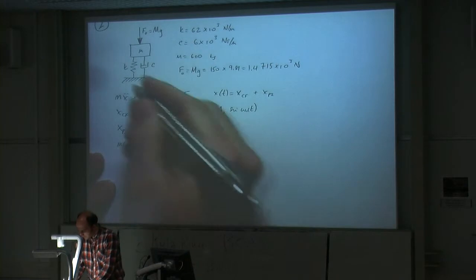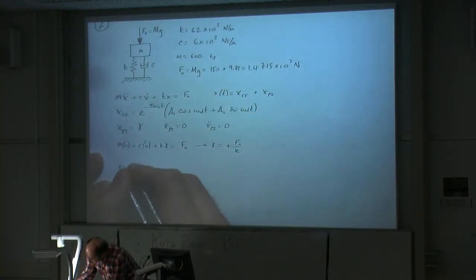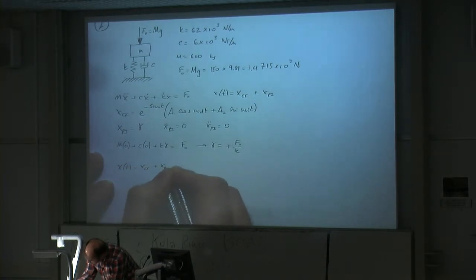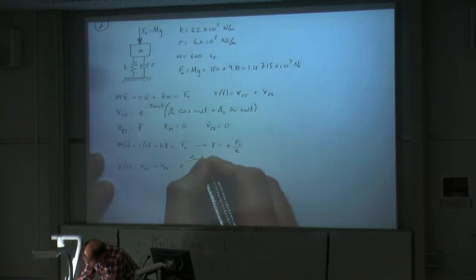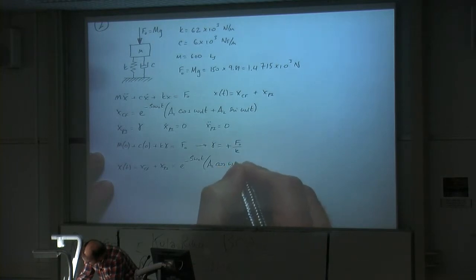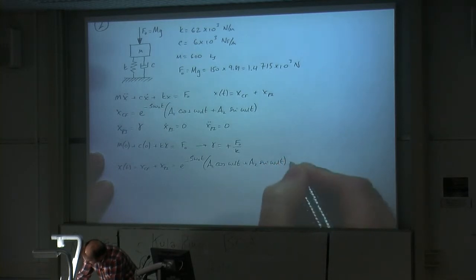And so the general solution for this equation, x(t) equals x_cf plus x_pi, is e to the minus zeta omega naught t times A1 cosine omega d t plus A2 sine omega d t, plus F naught upon k.